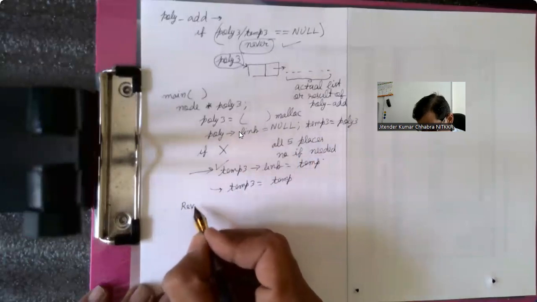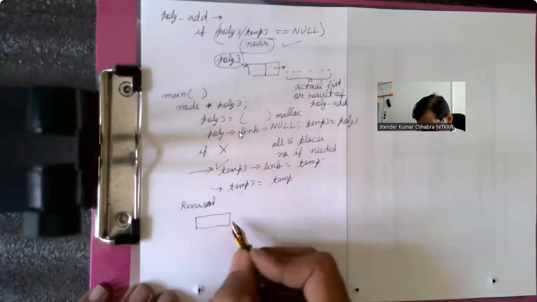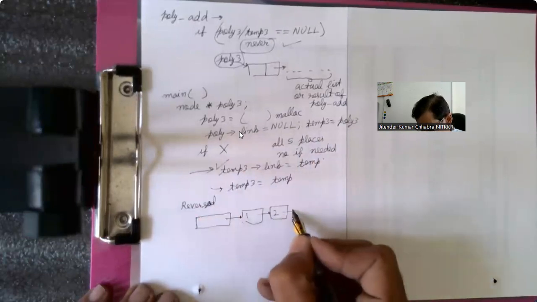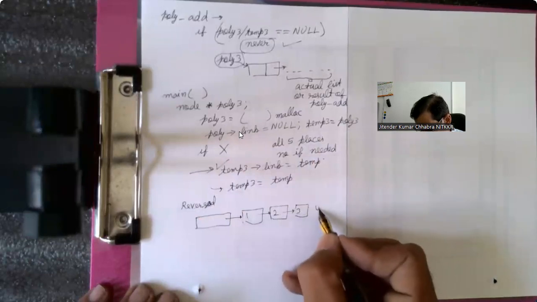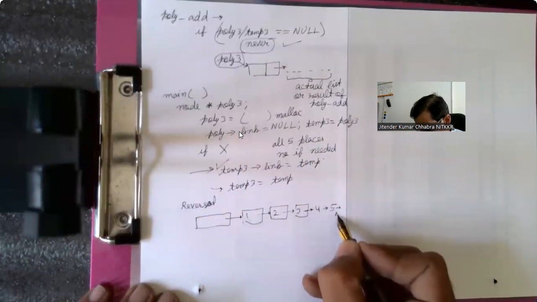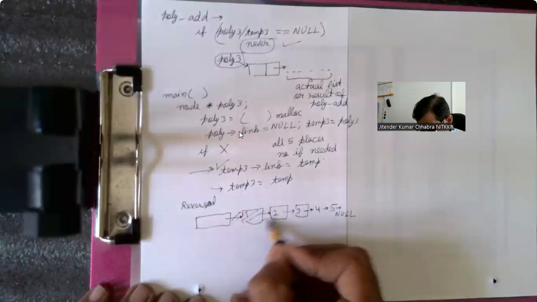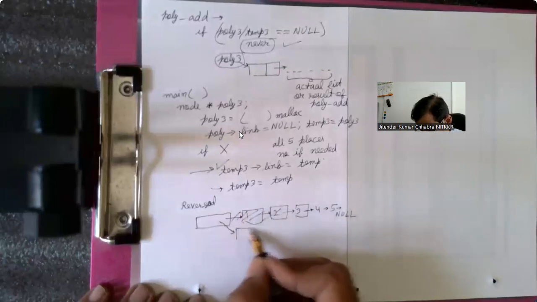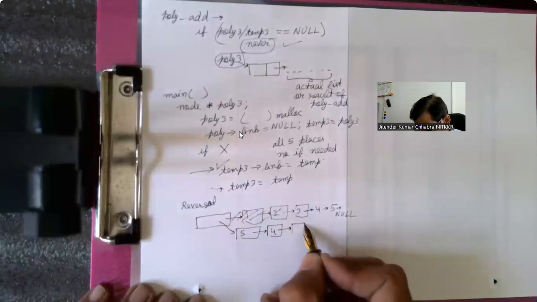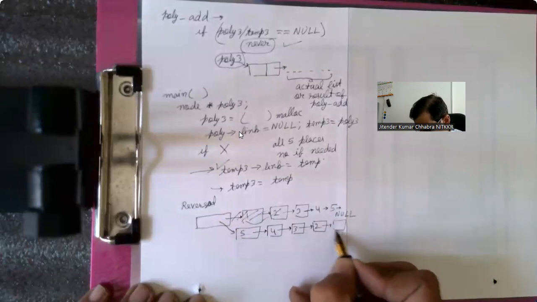Similarly, in the reversal also, reversal will mean if this is your linked list, let's say 1, 2, 3, 4, 5, and then null, my reversal will actually mean all this is changing and this now becomes 5, 4, 3, 2, 1.